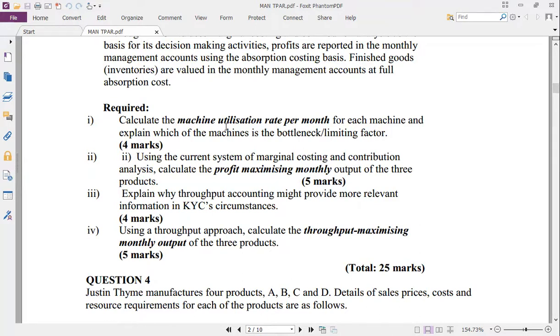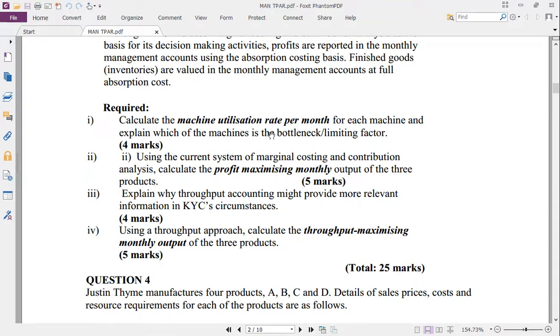The second part says, using the current system of marginal costing and contribution analysis, calculate the profit maximizing monthly output. All the steps are the same as what we've looked at, just that here we use contribution, not throughput. This is under limiting factor analysis.